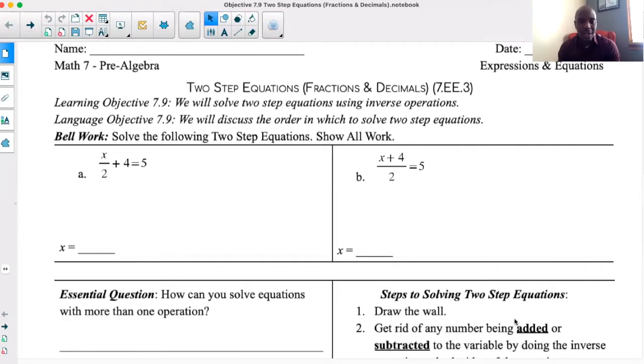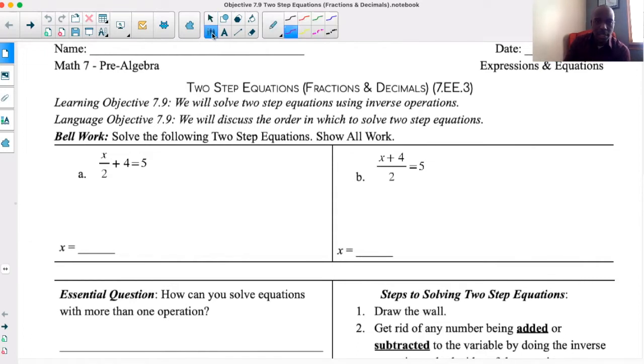For A, when I look at A, I can see that right away, I see X divided by 2 plus 4. So what's happening to X first? X is first being divided, and then it's being added in order to get you the answer. So first there's division, and then there's addition, right? And let me actually just write this down for you guys so you can see it, all right?